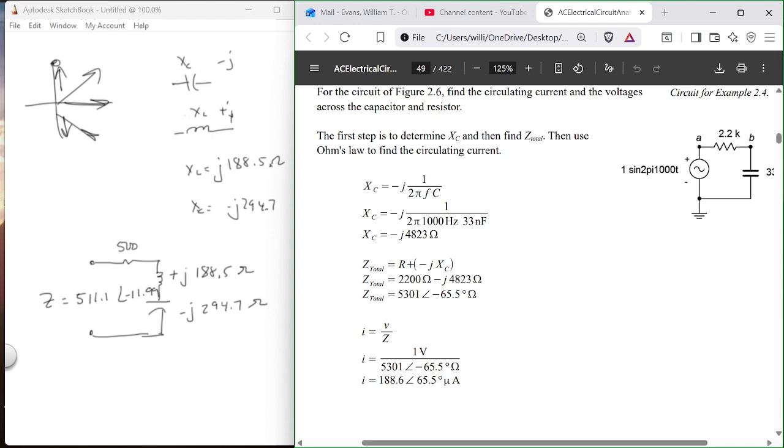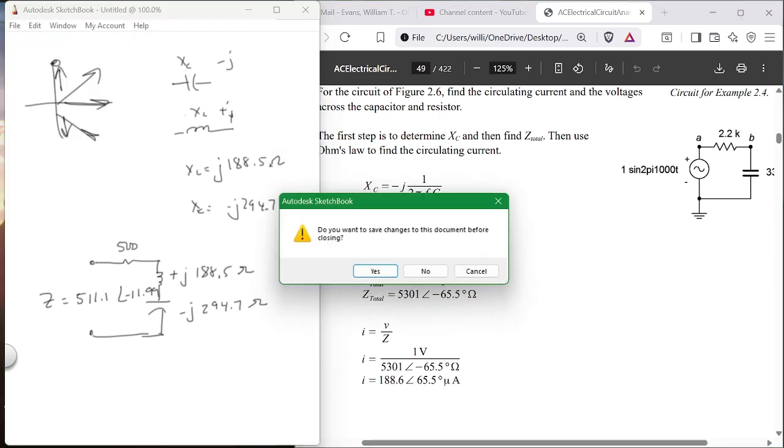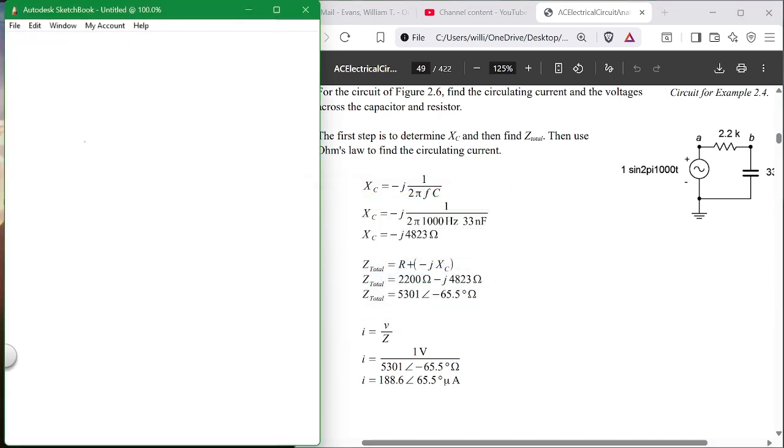If I said instead of writing it like that, if I just wrote it like this, 1 volt, that's assumed as RMS.